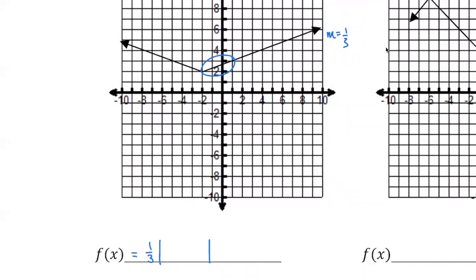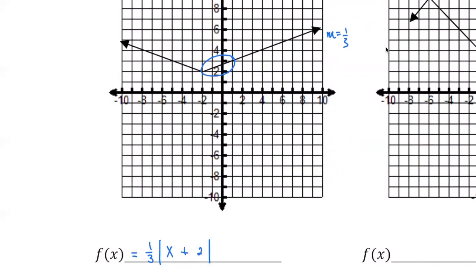The next thing we do is make sure we have the C and D values. So we look at whether it moves left, right, up, or down. We can see here that it moves to the left by 2 units. So we will say X minus -2, which, if you take away the parentheses, becomes X plus 2.